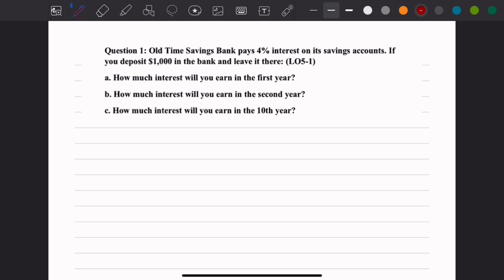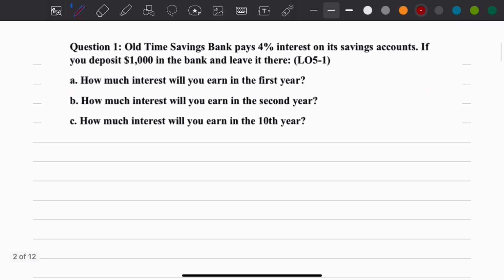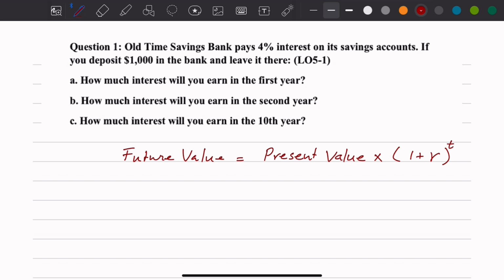A. Before we do that, let's just remind ourselves of the formula for calculating the future value of a simple or single amount. The future value is going to be equal to the present value multiplied by 1 plus the rate of return to the power of t, or n, depending on the denotation that your textbook uses.